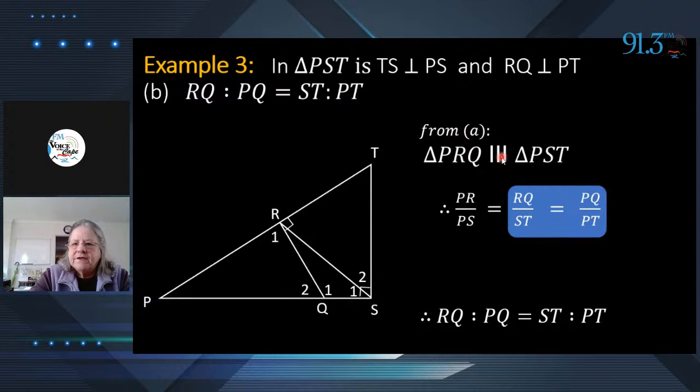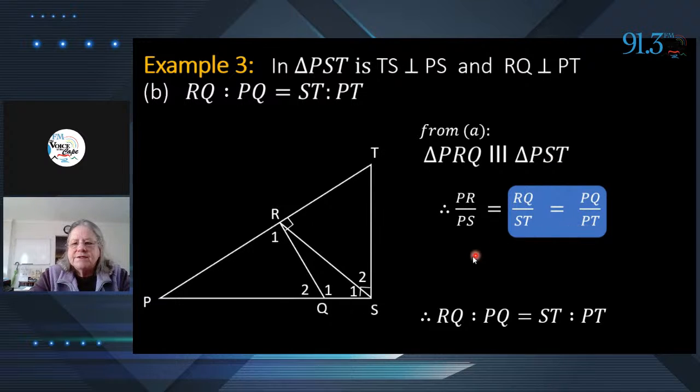We need to find this type of setup, PRQ similar to PST, which we've proven in A. And we would write down what I just told you on the previous slide: the first two, PR to PS, equal to the last two, RQ over ST, equals PQ to PT.